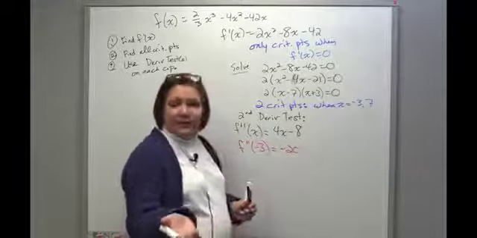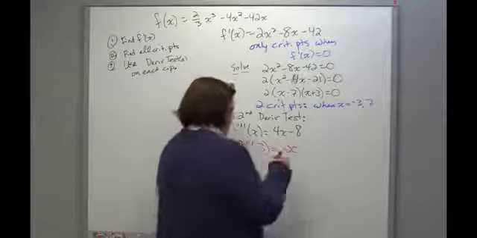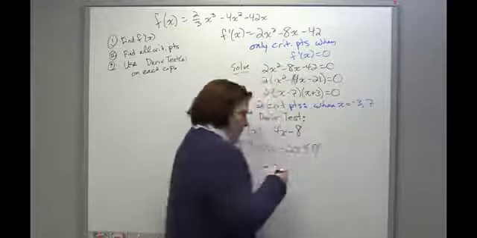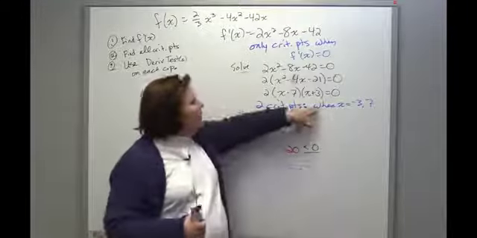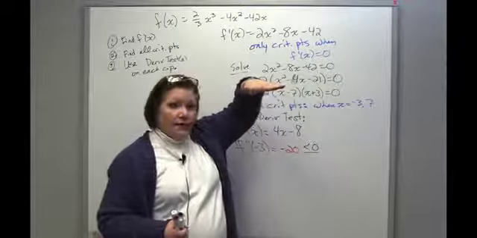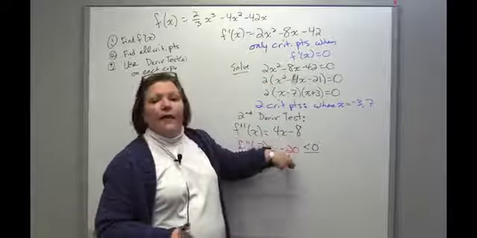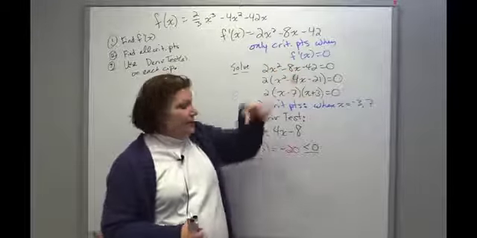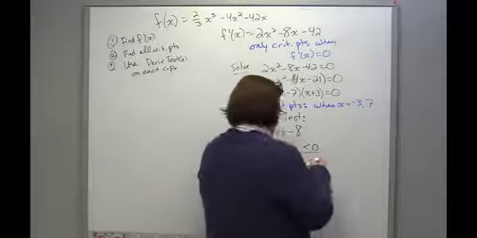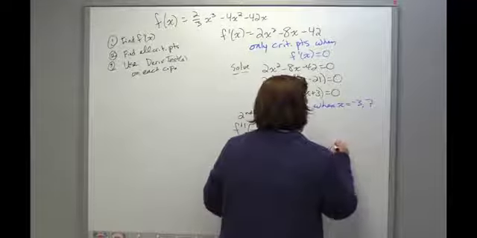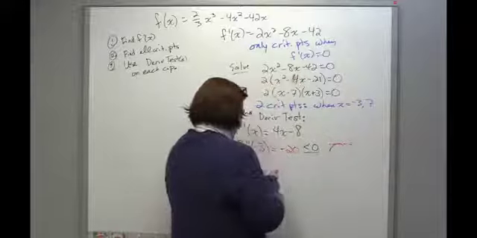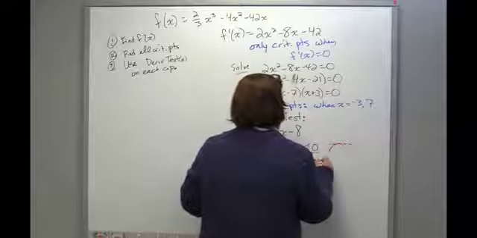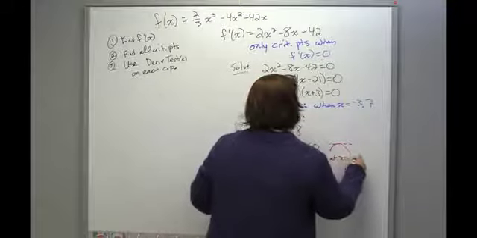We didn't even need to figure out that it was negative 20. The key is that this is less than 0. So we have a spot where we have a horizontal tangent line, and the second derivative is negative, so that means we're concave down. That tells us we have a situation where we're looking like this. So this gives us a local max at x equals negative 3.